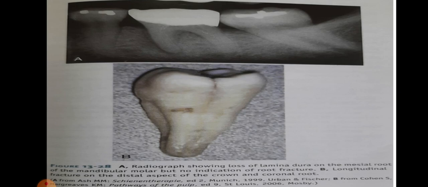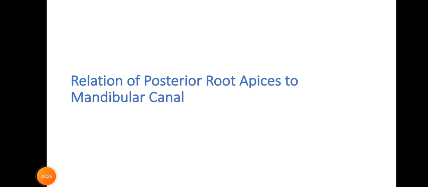Vertical root fractures may be caused by bruxism and clenching or may be the result of restorations with endodontic posts in root canals. Let's talk about the relation of the posterior root apices to the mandibular canal, of interest to the clinician doing endodontics.